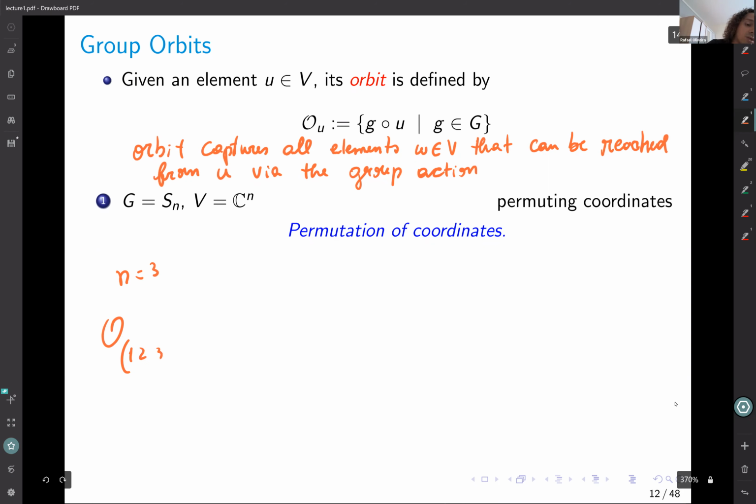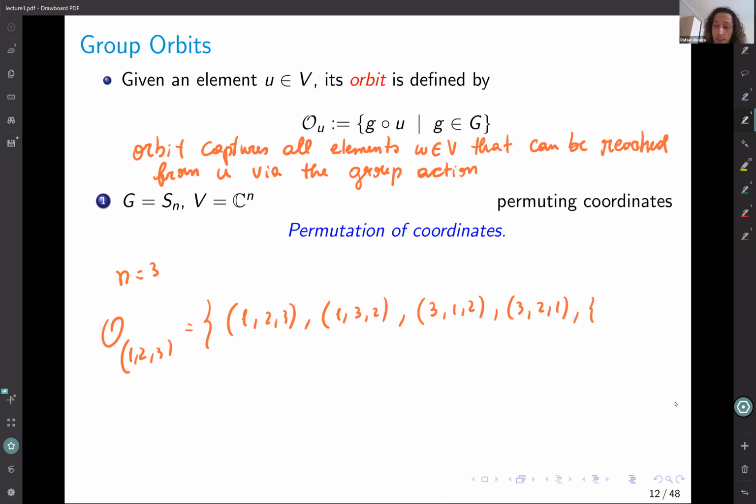It is exactly all possible permutations: 1, 2, 3 is in the orbit, and then 1, 3, 2, 3, 1, 2, 3, 2, 1, 2, 1, 3, and at last 2, 3, 1.